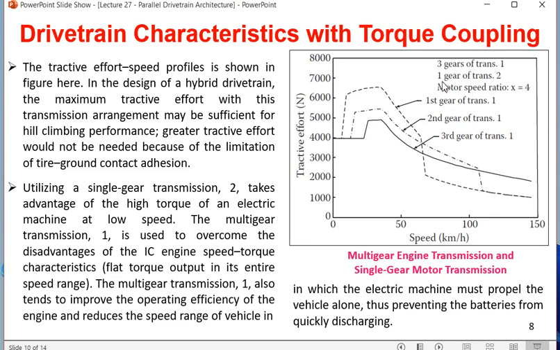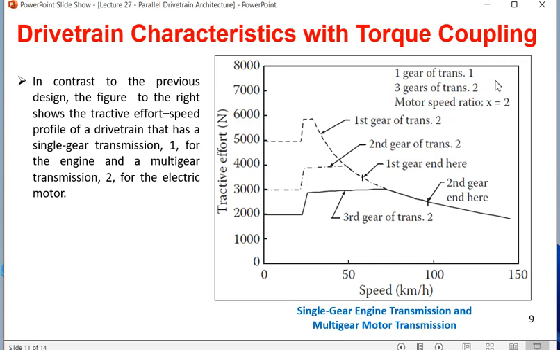In the next we are seeing that single gear engine transmission, that means engine is having only 1 gear, and transmission 2, that is motor, that is a battery driven thing, it is having 3 gears, and there the 3 gear characteristic is different, but still the lowest gear is having highest tractive effort.